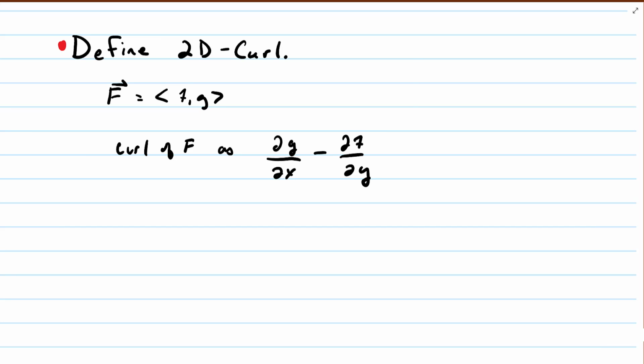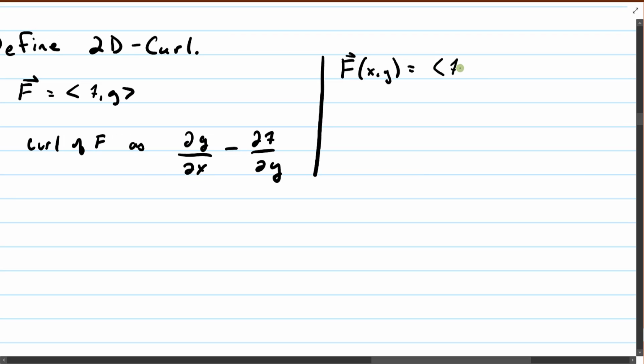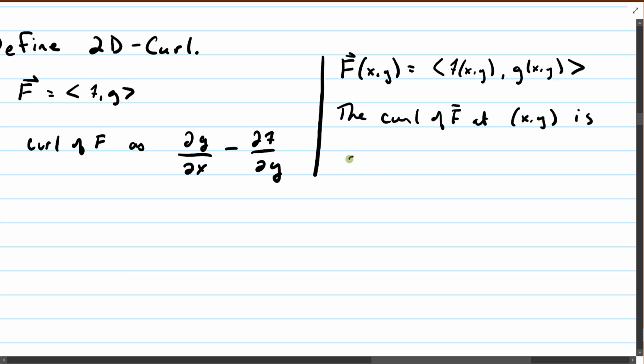The curl is really a pointwise definition, and so for a vector field like F of x y equal to f of x y comma g of x y, the curl of F at the point x comma y is given by partial g partial x evaluated at the point x y minus partial f partial y evaluated at the point x comma y.